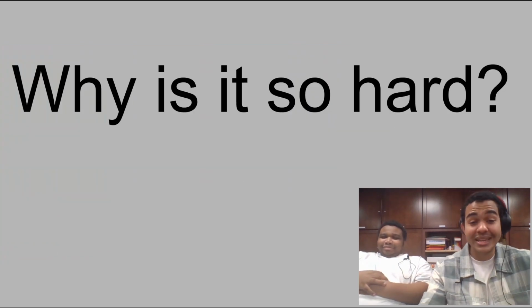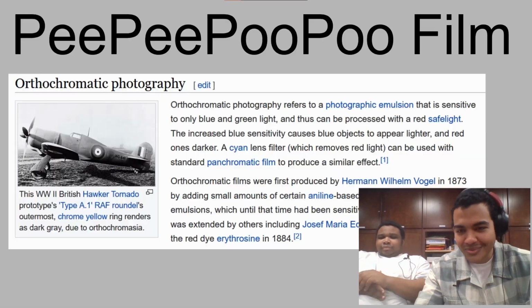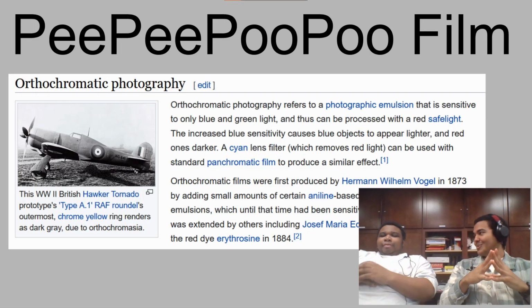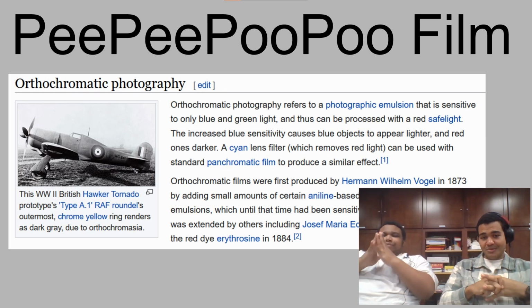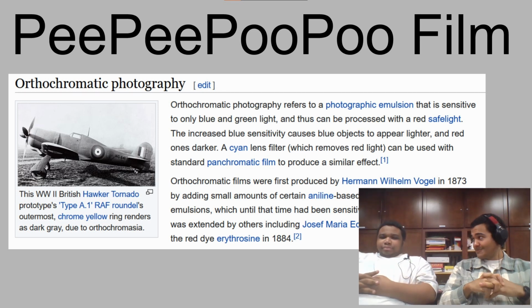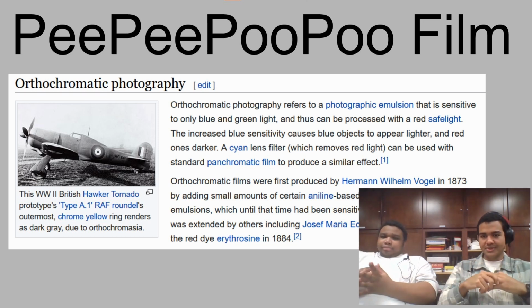Why was it so hard taking photos of clouds at this time? What was going on? So, back then, the major form of film that was used is called orthochromatic. Like I mentioned earlier, it was mostly sensitive to green and blue light, and not really at all to red light. We'll see a visualization of this in a later slide as well.